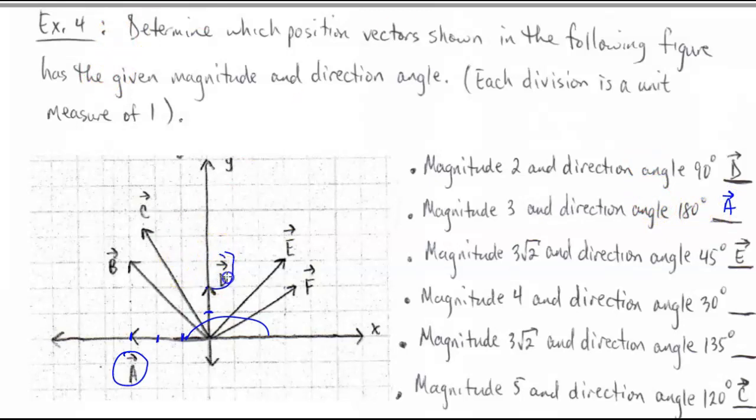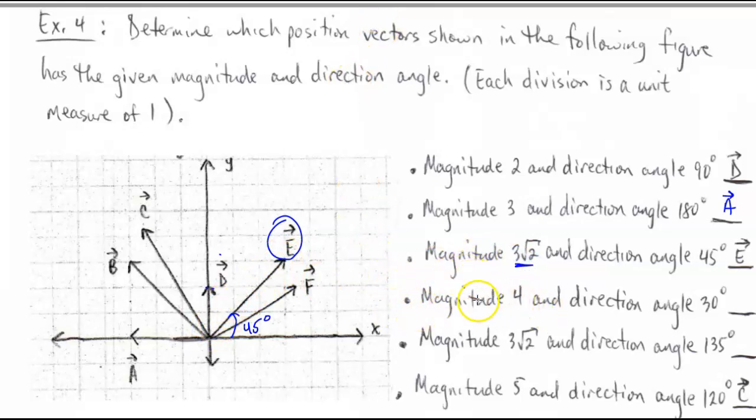All right, if we look at the next one, we have a magnitude of 3 times square root of 2 and a direction angle of 45. Well, now that one's already worked out. We know that vector E works for that. And we can see here that this looks like a 45-degree angle. We can't tell exactly how long that is, but we'll just guess that it's 3 times square root of 2.